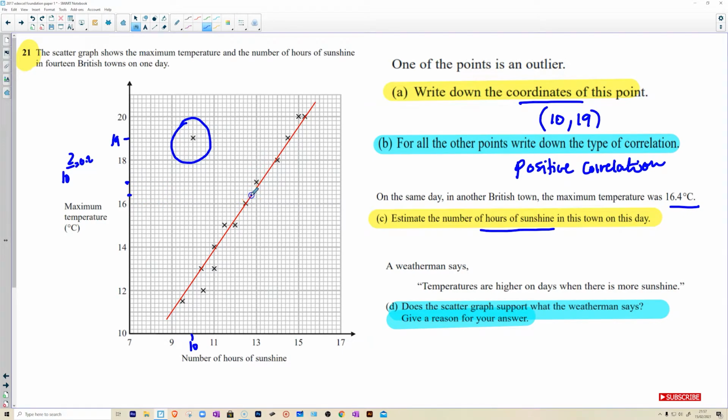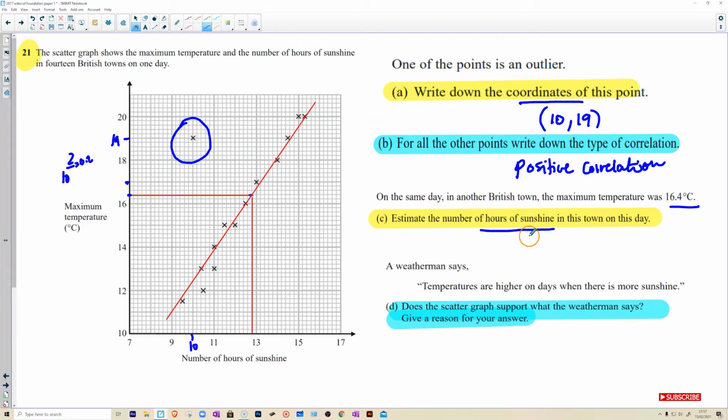16.4 right there. Again, you do need a ruler, so I'm going to get a ruler again. If we go down that way, and then we need to go across this way, the scale is the same as the y-axis scale. So from there to there is 12, and each square is 0.2, so that means 12.8.